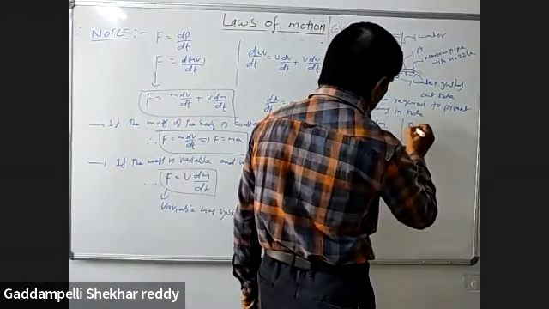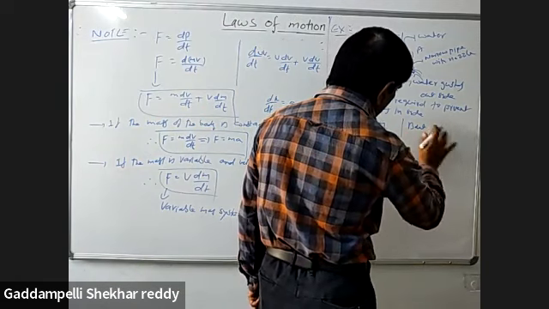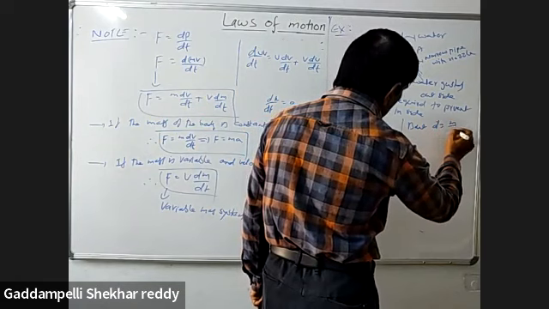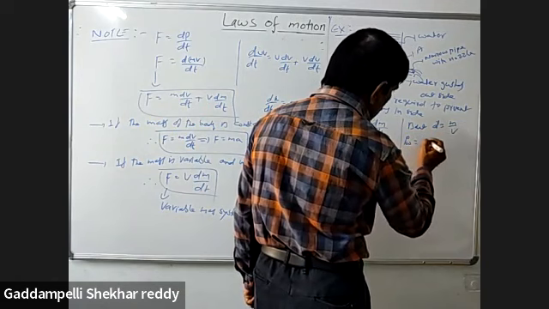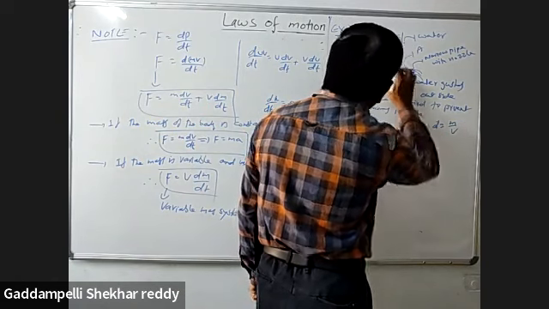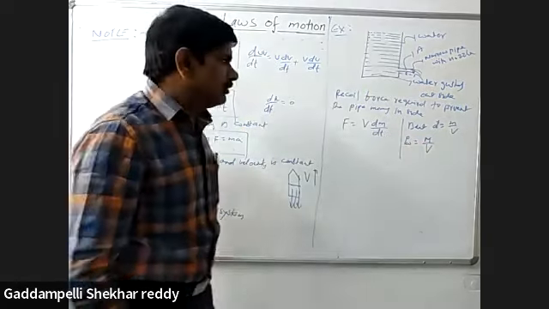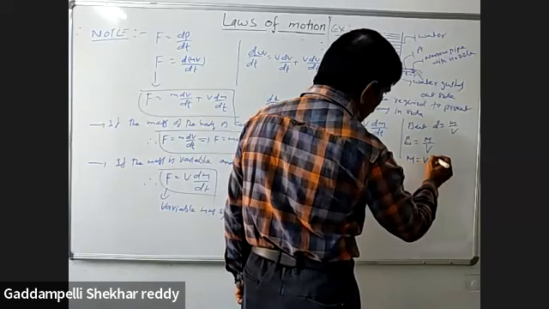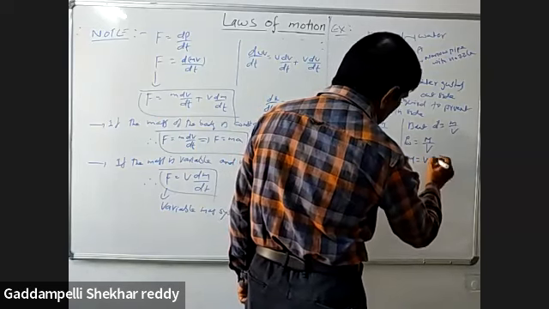Now the density of water: generally density is mass by volume. Here the density of water rho water is the mass of the water by the volume of the water. So mass is equal to volume into density of the water.